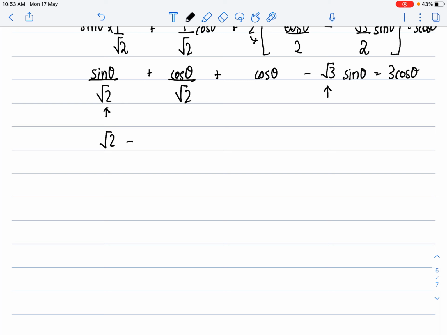You get your answer as root 2 minus 2 root 3 over 2 sin theta, plus do 1 over root 2 plus 1, which will give you 2 plus root 2 over 2 cos theta, which is equal to 3 cos theta.